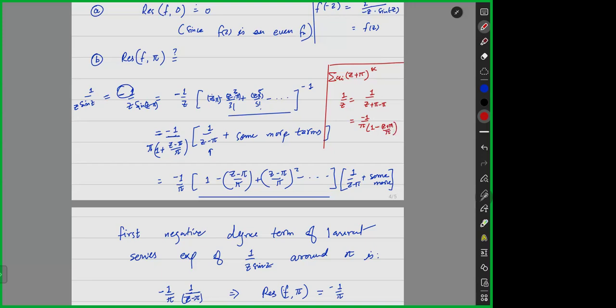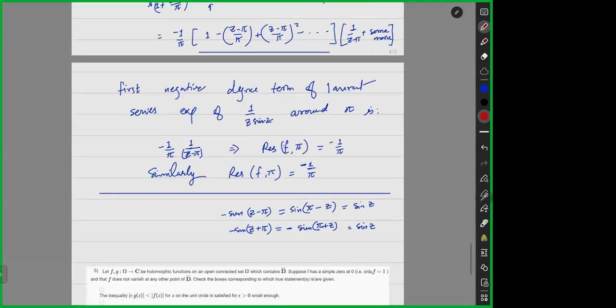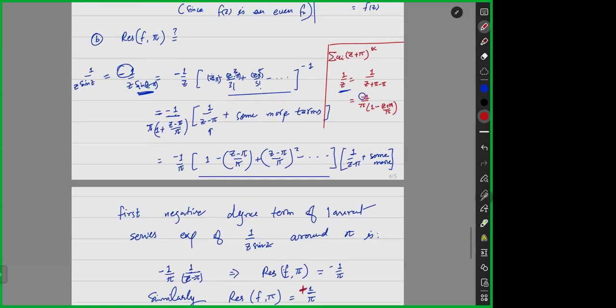The 1 minus you are getting here is from here only, and another minus is coming from this sine z. So those two minuses become plus. So it was plus. You understand? The minus thing is coming from 1 by z only.